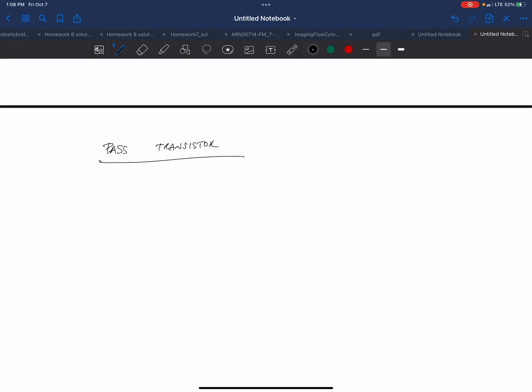Let's say you wanted to build a multiplexer. A multiplexer basically says I'm going to have two inputs, a select, and a single output. If select is 0, then the output is equal to in1.